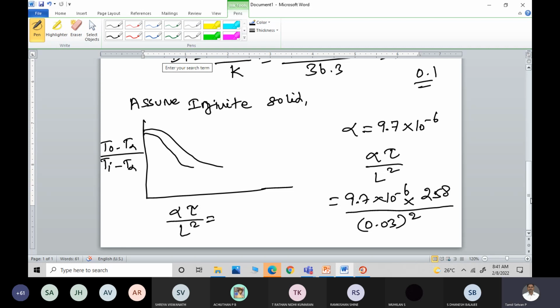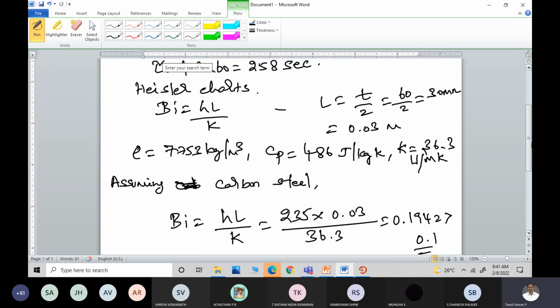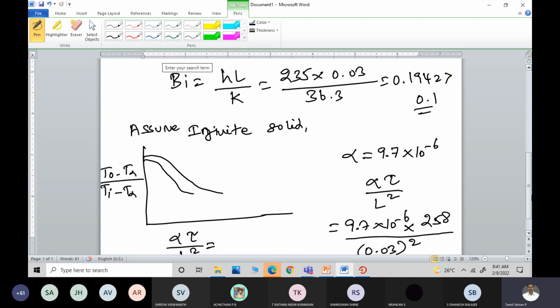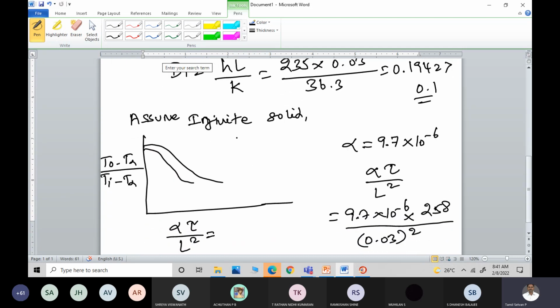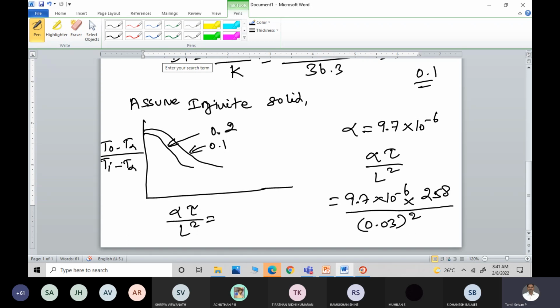Biot number we have got hL by k is 0.1942, so approximately 0.2. This value, you can look into the curve 0.2. The first curve is 0.1, I think, the second curve is 0.2. So calculate what it is. 0.0278, so approximately 0.03.